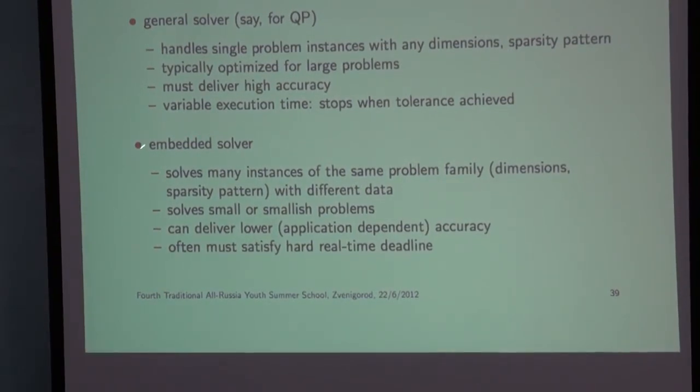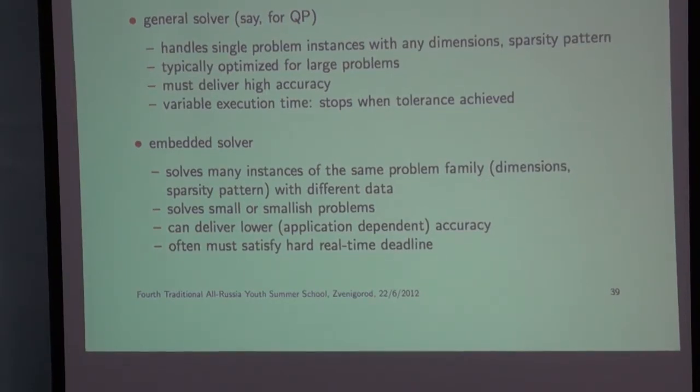Okay, so now the embedded solver is very different from a general solver. It's a completely different problem. Although it sounds like you're doing the same thing, like solve a quadratic program, it's different. With an embedded solver, you solve many instances of the same problem family, but with different data, right? And the problems are small. And the idea is, in an embedded solver, by that time you should have scaled things correctly, right?